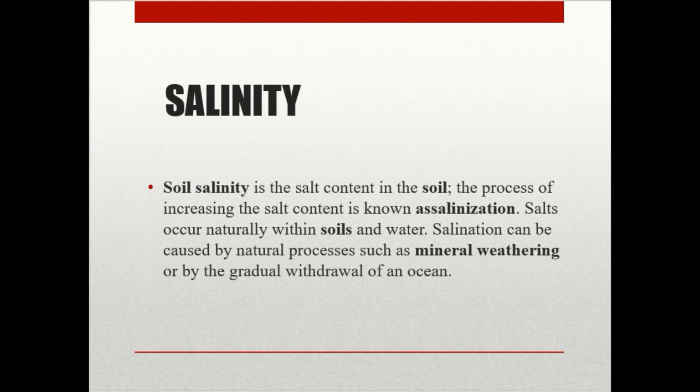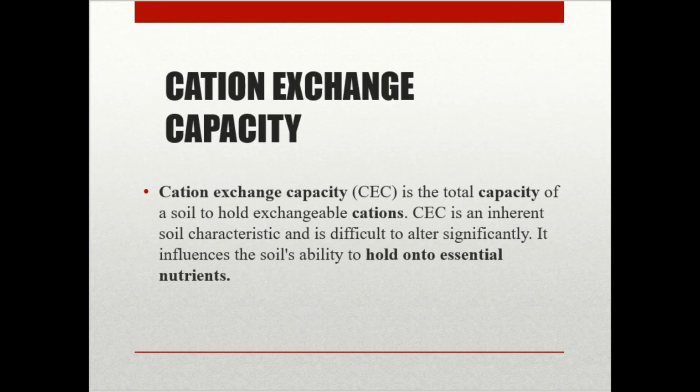CEC value is the total capacity of soil to hold exchangeable cations. It is an inherent soil characteristic and is very difficult to alter significantly. It influences the soil's ability to hold onto essential nutrients. That's why it holds its own importance. Organic matter.